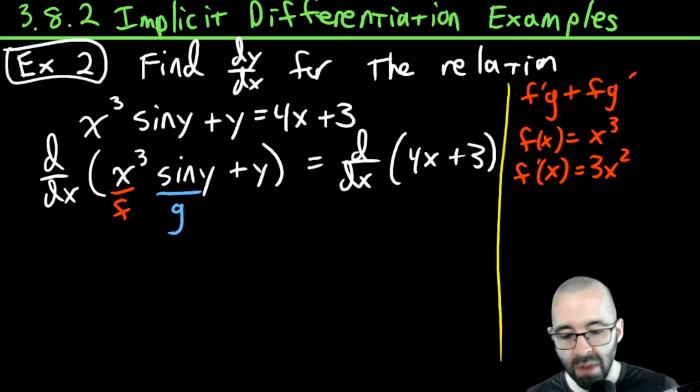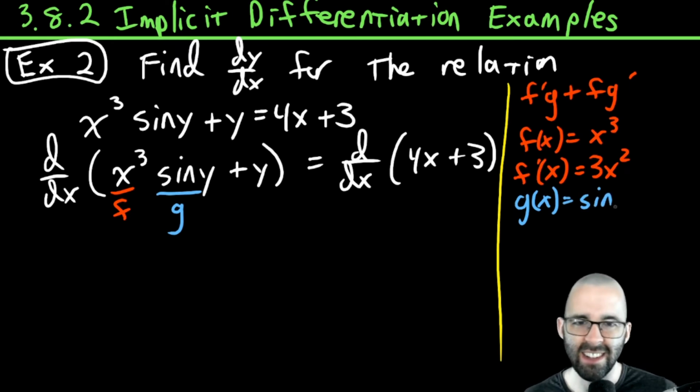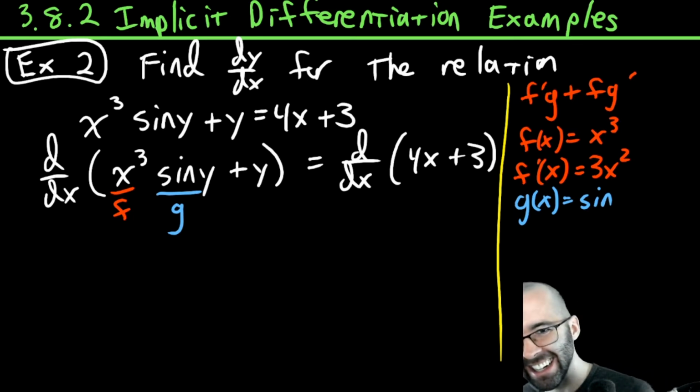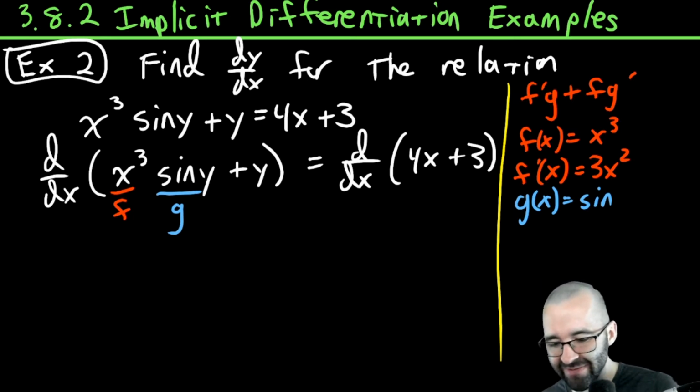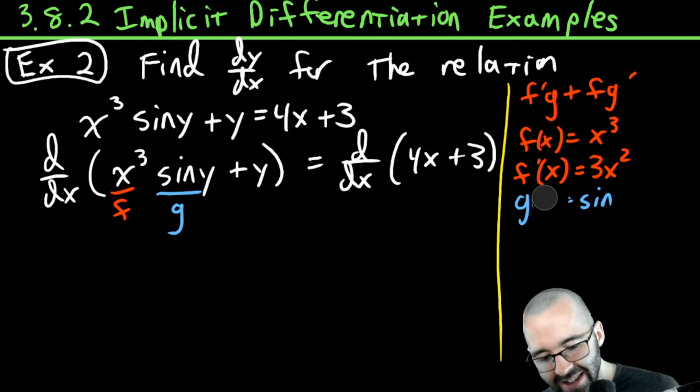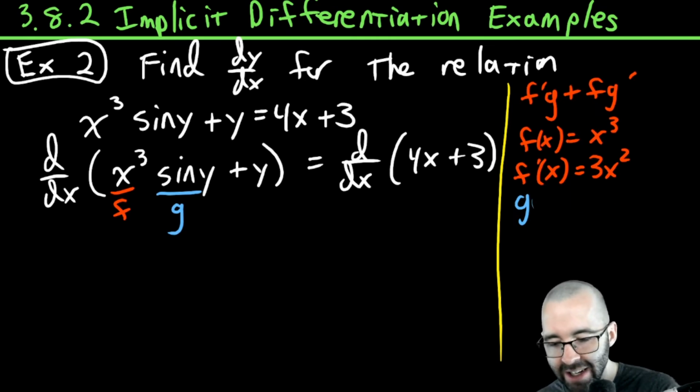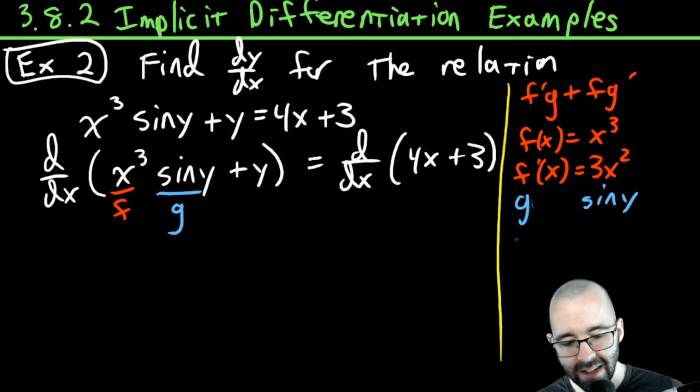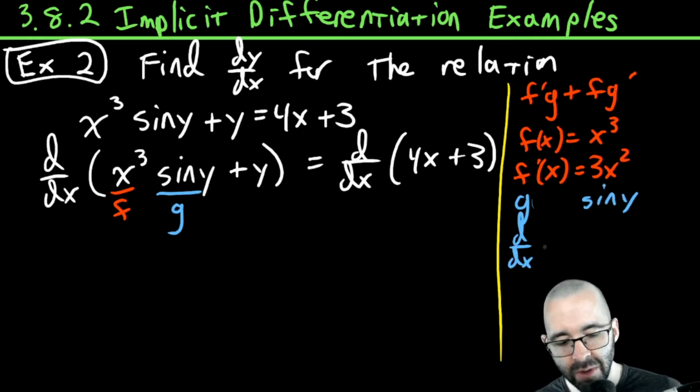Now we can do the same thing with the blues. g is not a function of x, but let's not worry about that too much for now and just write that g is sine of y, and the derivative with respect to x of g is going to be the cosine of y times dy dx.